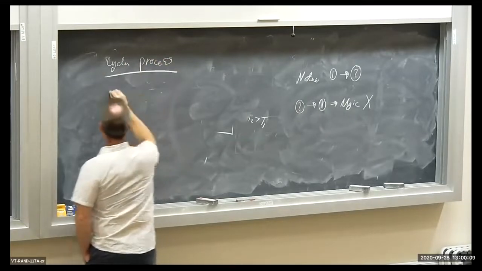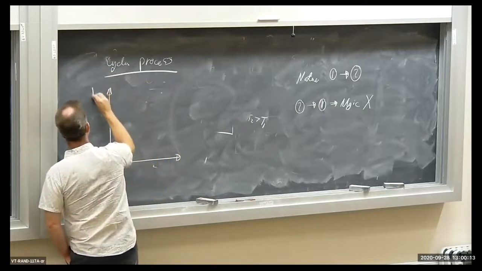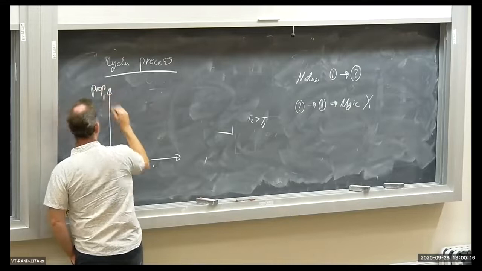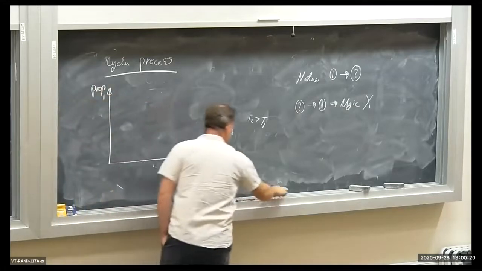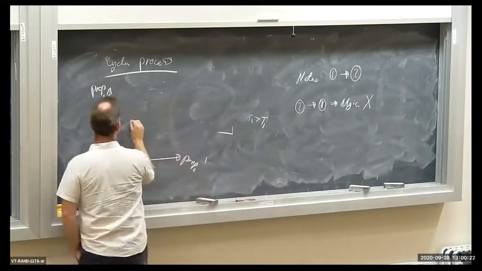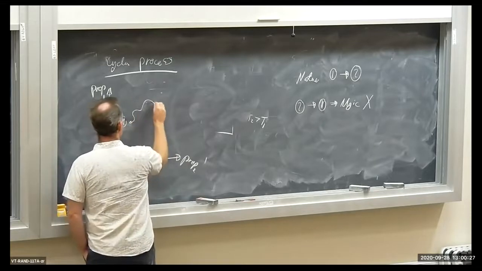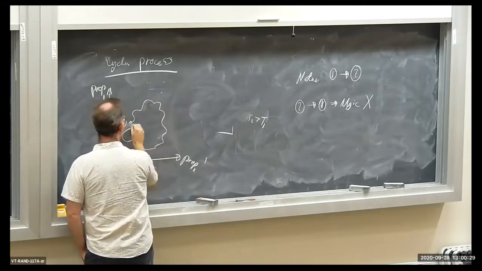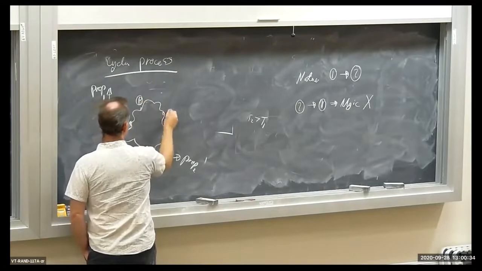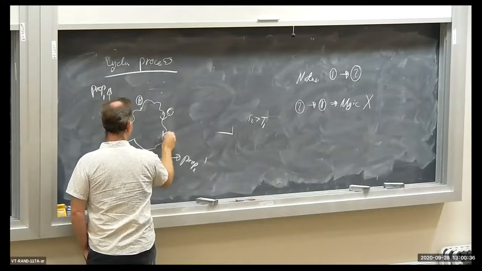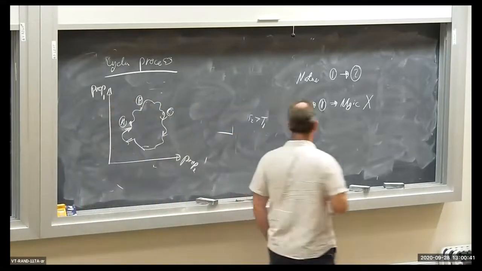So we have a property plot for some system, property 1, property 2. And this system starts off at some initial state A, or 1, whatever, moves through a bunch of intermediate states. So here's B, here's C. It just keeps moving around, and then it returns back to its original state A.